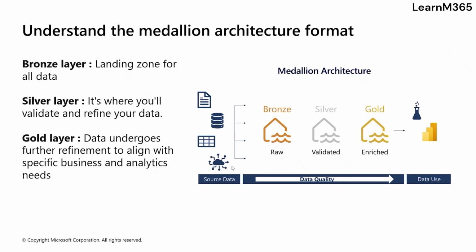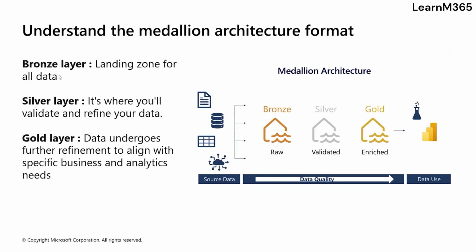Now this architecture ensures that data is reliable and consistent as it goes through various checks and changes. Okay, it also guarantees that the data is safely stored in a way that makes it easier and faster to analyze. Okay, so now let's talk about each layer one by one.